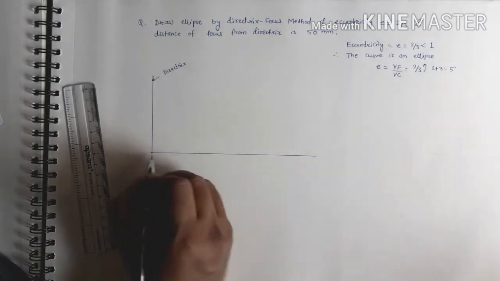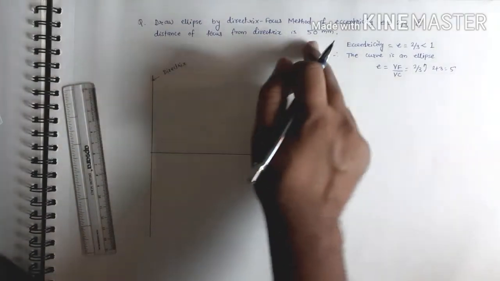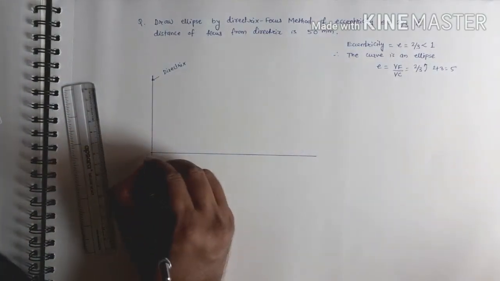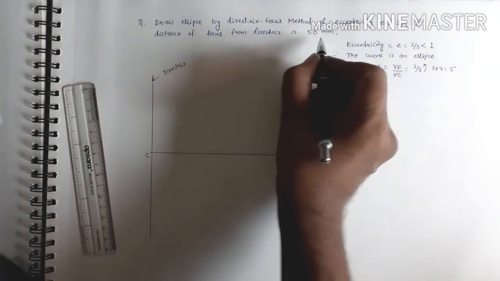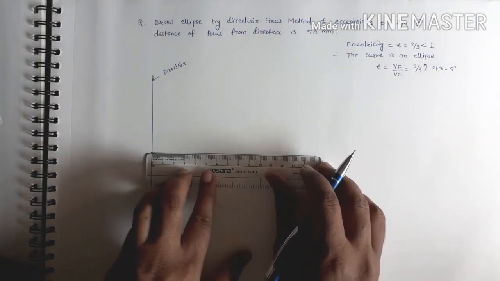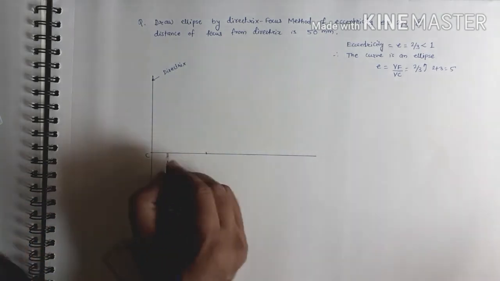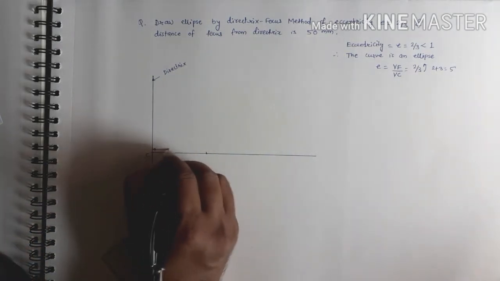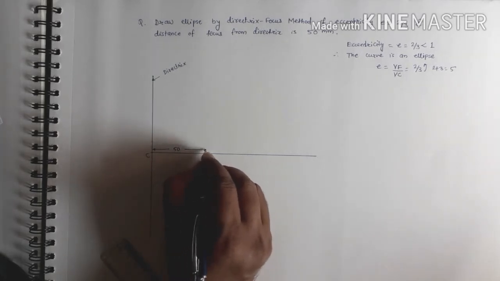And this is the focus point axis. So the distance of focus from directrix, let's say this is point C. Distance of focus from directrix is 50 mm. So from this directrix, take a distance of 50 mm. So mark this as 50. Okay.